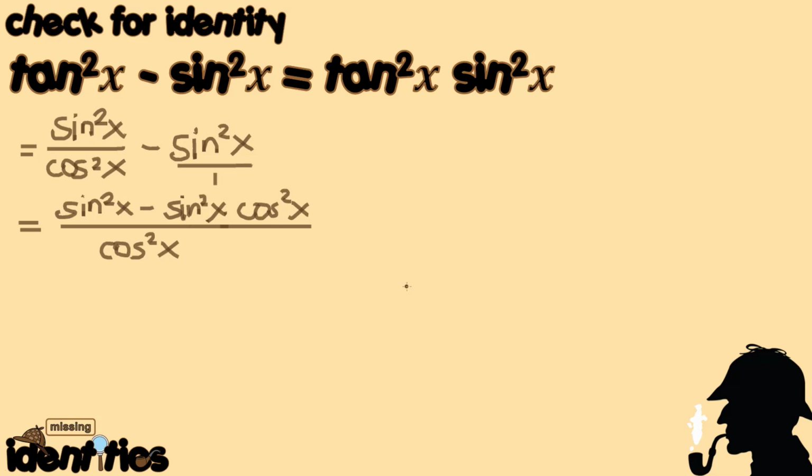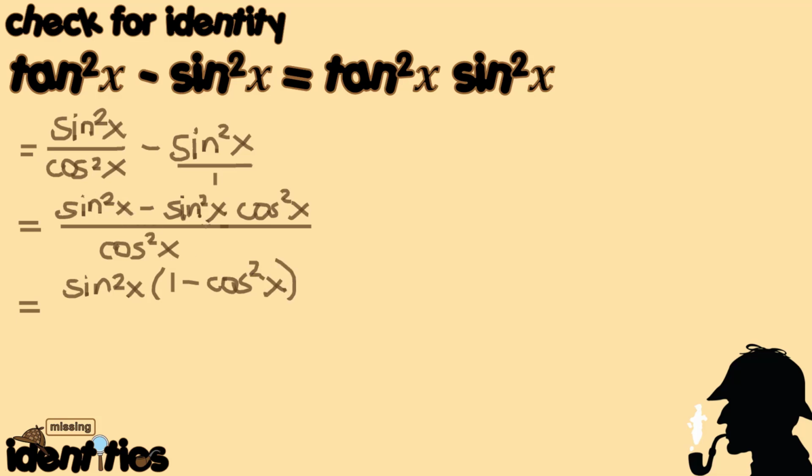Now, if you look closely at your numerator, you can see the presence of a similar term, which is sine squared x. So you can factor out sine squared x. And what happens to your first term is just 1. And then if you factor out sine squared x here, you have minus cosine squared x.